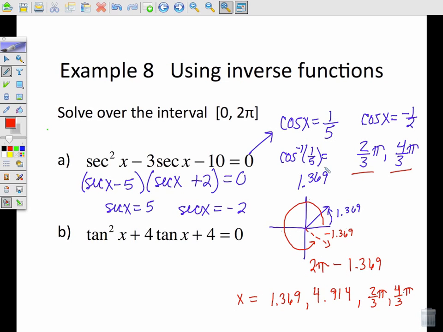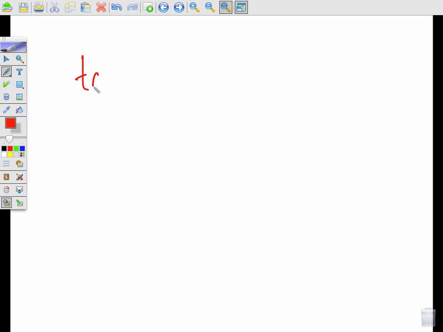The negative 1/2 comes from the unit circle, so just these angles. I had to use my calculator to find when cosine was equal to 1/5. That concluded that it was 1.369, but I also had to find where it would be in quadrant 4, where it's positive 1/5. All right, let's look at this next example, and this will conclude this video.